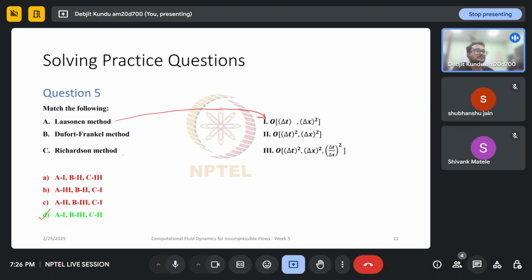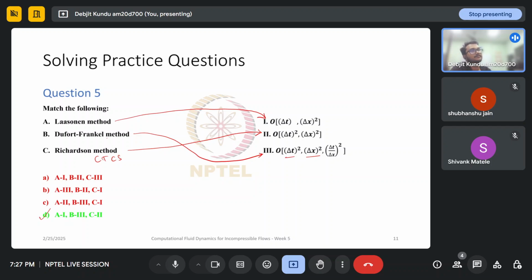Then Richardson method is CTCS, right? So in time you get second order accuracy as well as in space you get second order accuracy. So that's why C should be 2. And the Dufort-Frankel method, due to its weird nature, it has delta t square and delta x square because it starts out with a CTCS scheme.